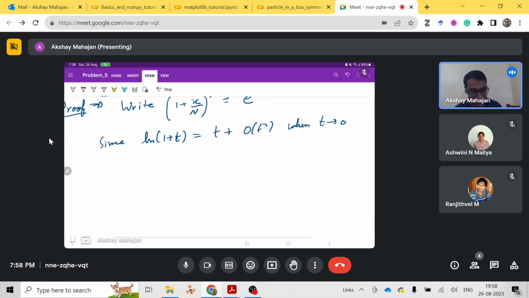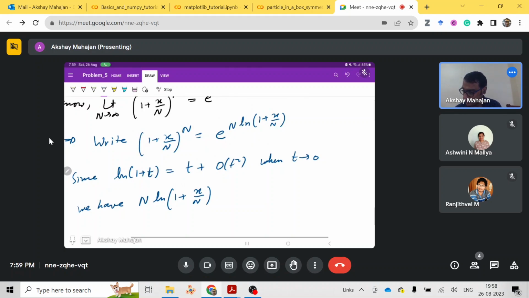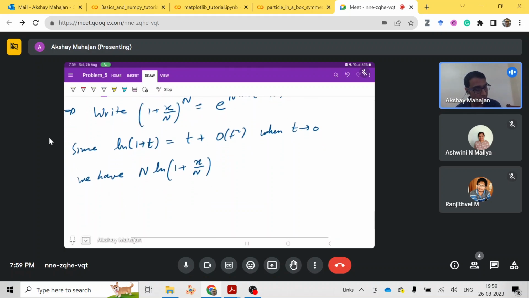Right. So we have n ln of 1 plus x by n. Since n is tending towards infinity, this x by n is tending towards 0, so ln of 1 plus t could be written like this.